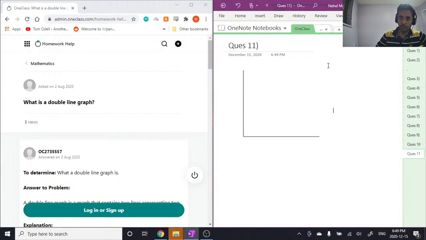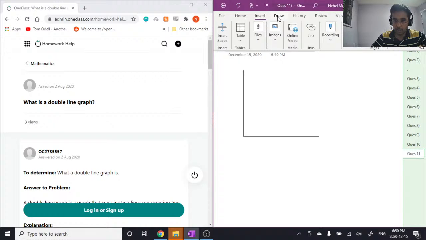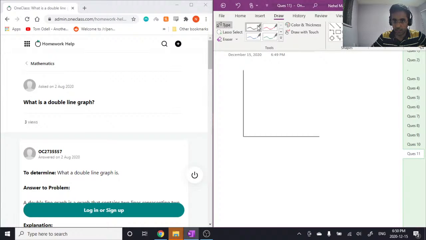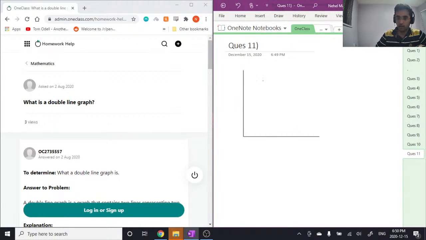So, for example, if I have two people traveling a certain distance, on the x-axis we have the units of time, and on the y-axis we have the units of distance.